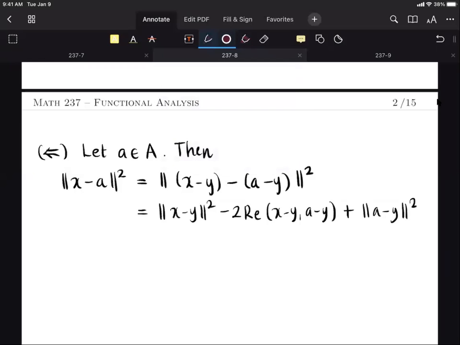The norm is non-negative, and by our assumption this real part here is negative, therefore including the negative sign here, this is non-negative.